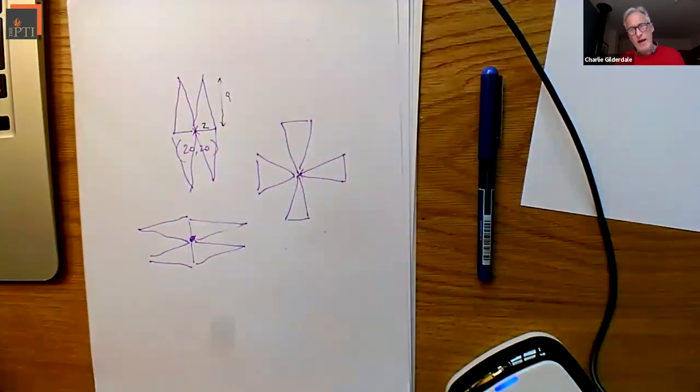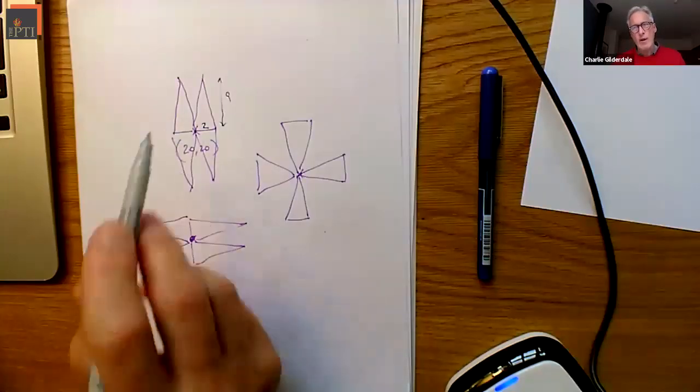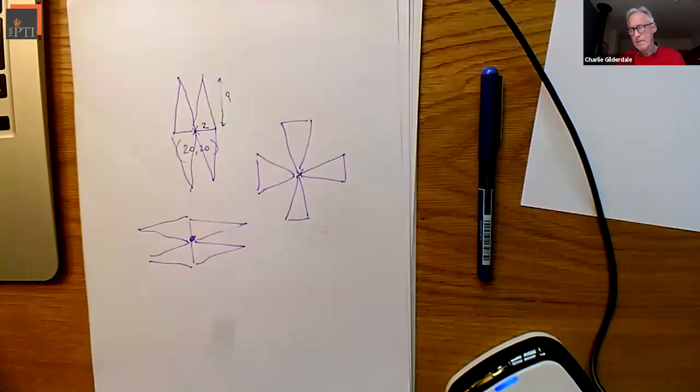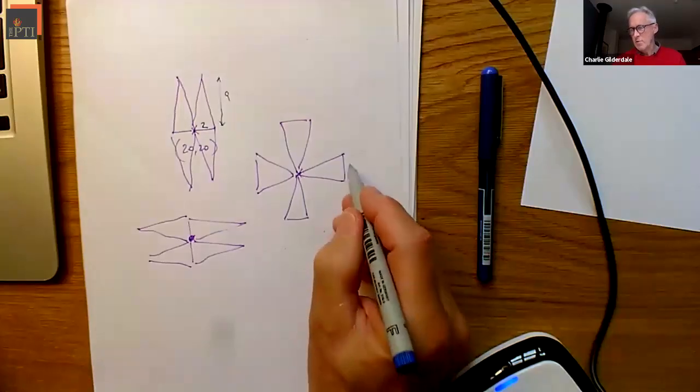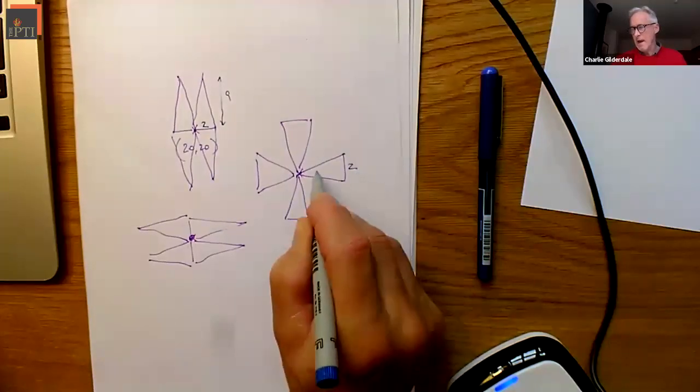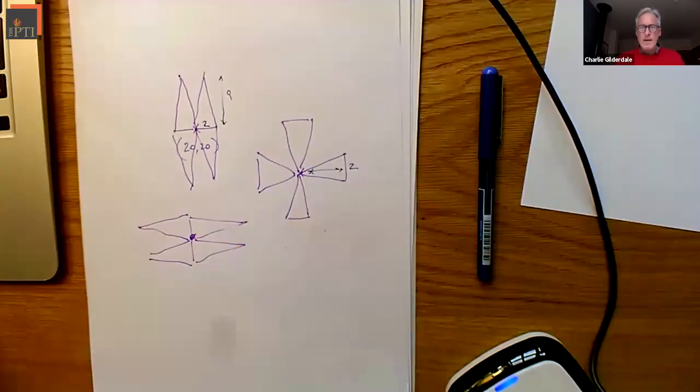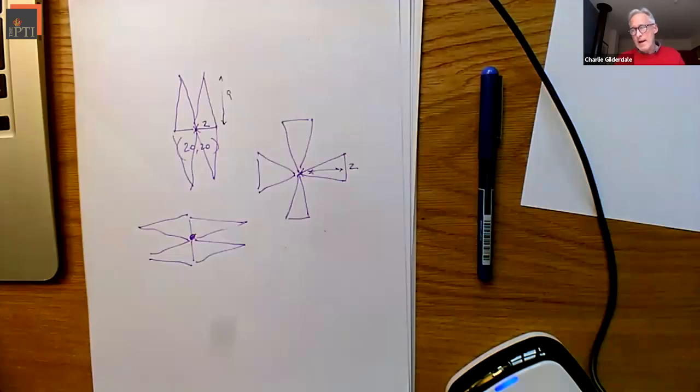I can replicate it 12 times because I'm just assuming they're all identical to each other. So this would be 2 here, and that distance would be 9. So once I've got one triangle that works, I can have it in 12 different positions. And I think there are only 3 triangles that work.